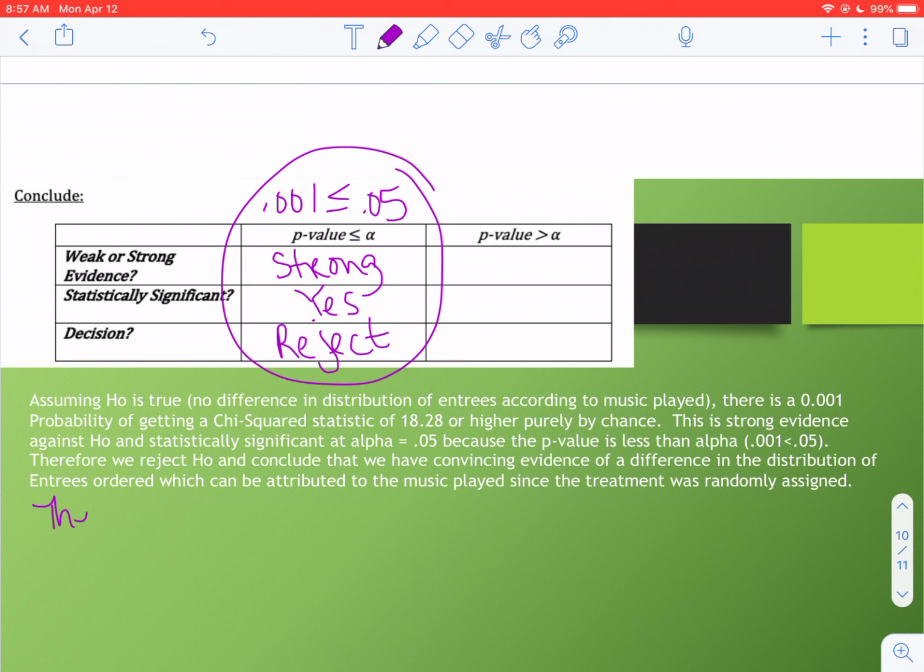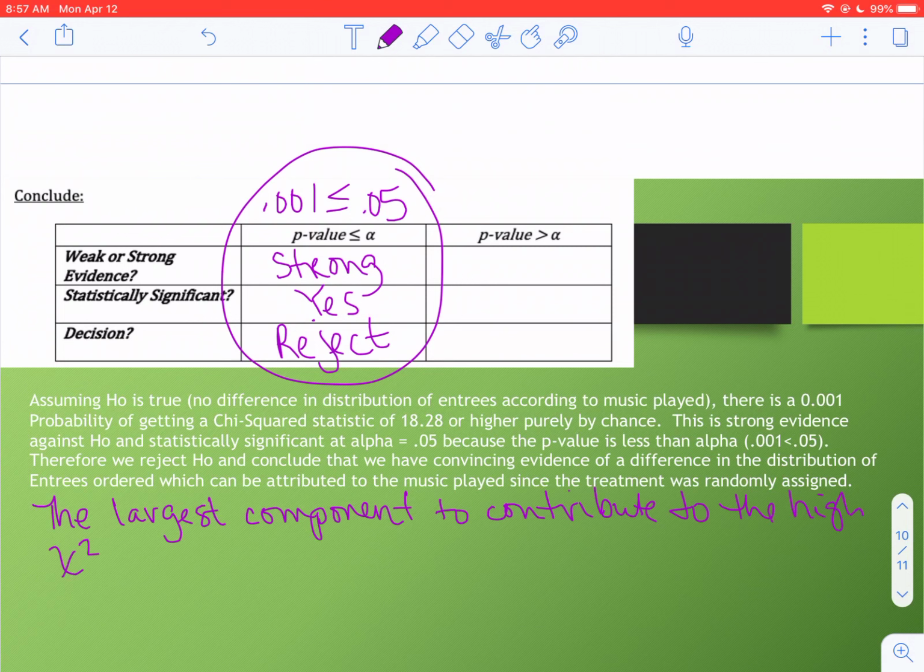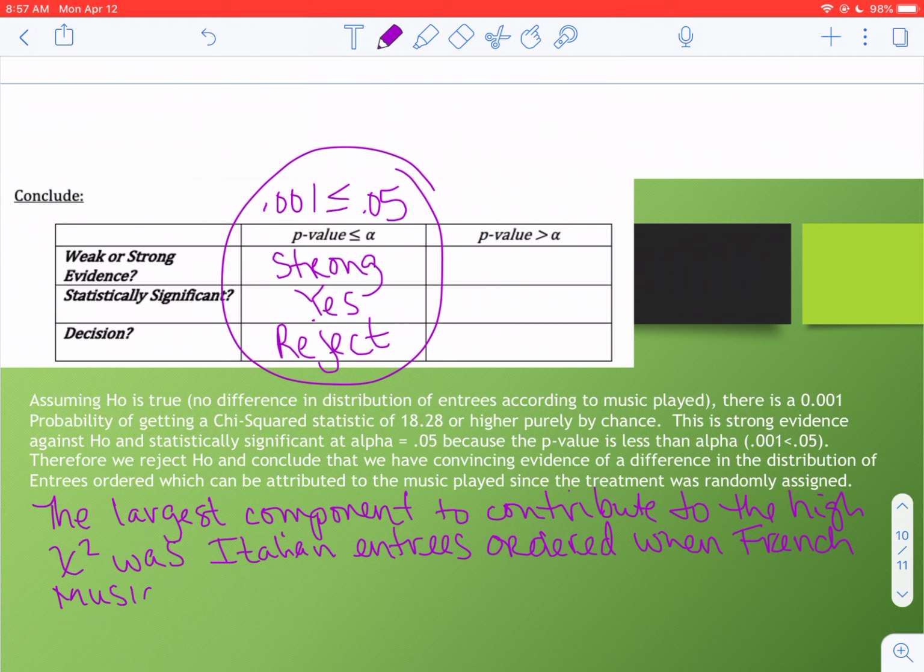I'm going to say the largest component to contribute to the high chi-squared was Italian entrees ordered when French music was playing at 7.67.